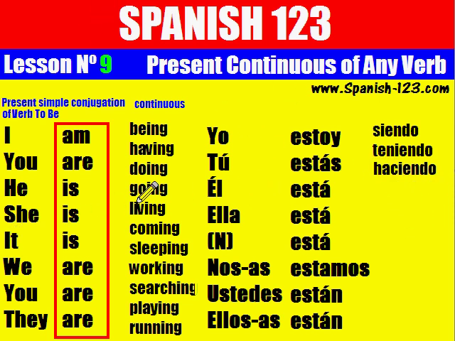Now, she is going. Remember that you can use this present continuous way with any personal pronoun, and you will be doing right. Well, she is going. Ella está, and the verb to go. Verb to go in Spanish is ir.